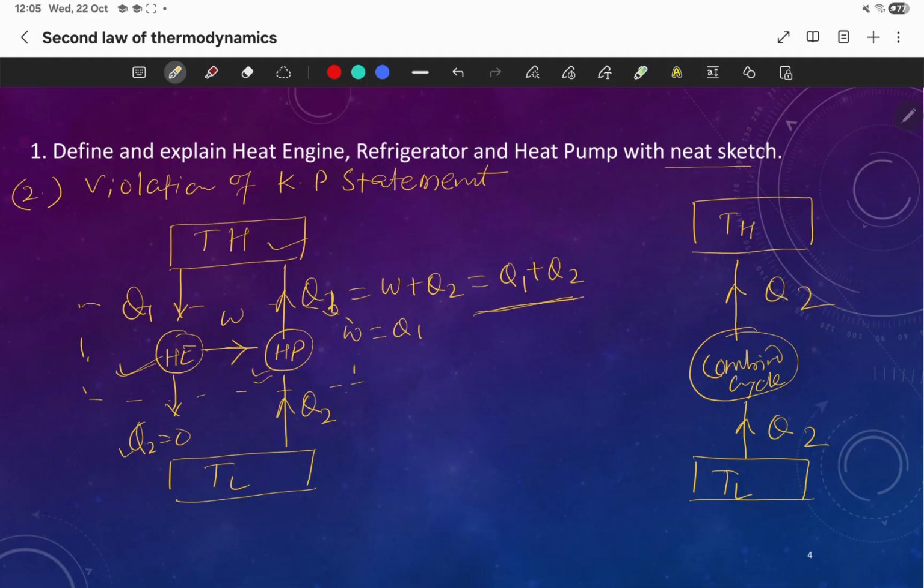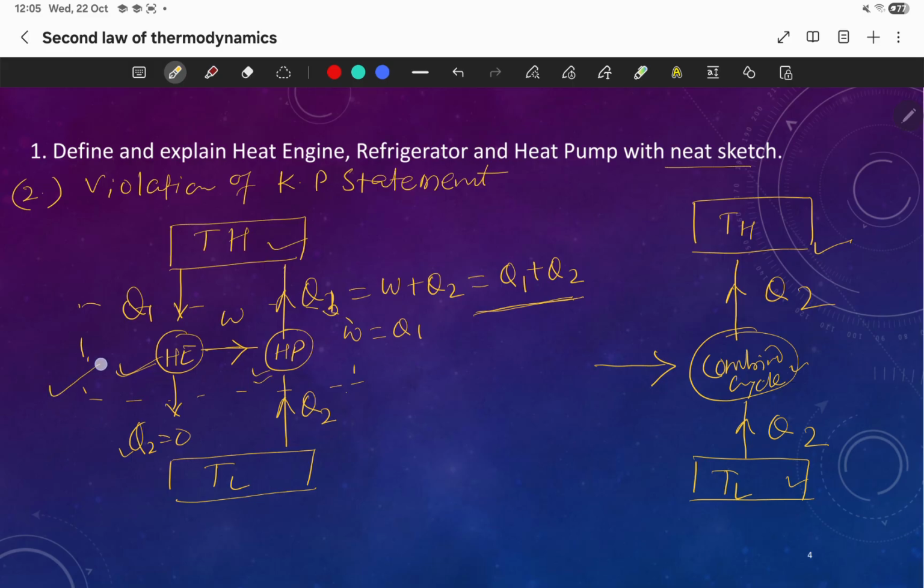Now you can see that this combined cycle is transferring heat from lower temperature to higher temperature without any work input. So this is a violation of the Clausius statement.